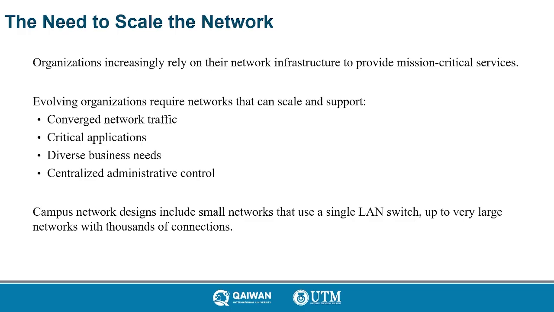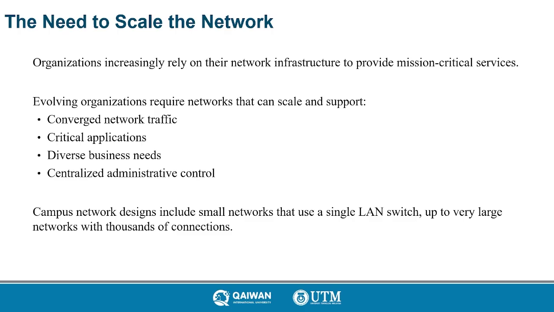Diverse business needs, because sometimes you will have some needs that, if the network cannot satisfy them, would be a problem for you and for the network. Centralized administrative control. Sometimes in a building or an organization, there might be some needs for administrative control, so you need to make sure that you design your network in a way that it can support the administrative control.